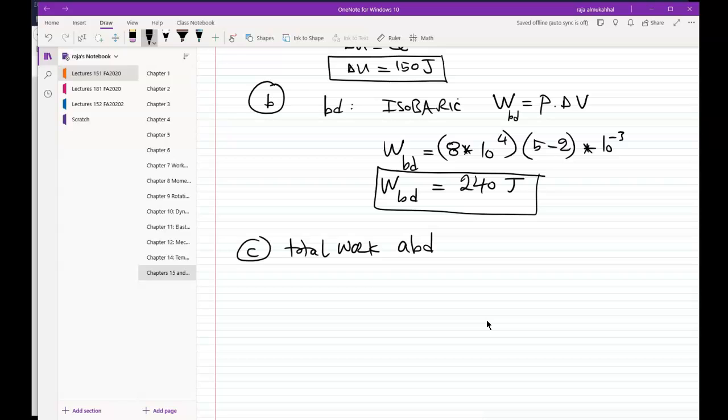The work ABD is equal to the work AB plus the work BD, which is 0 plus 240. So the total work really is 240 joules.